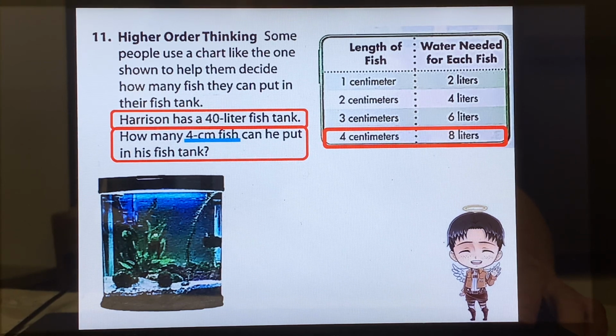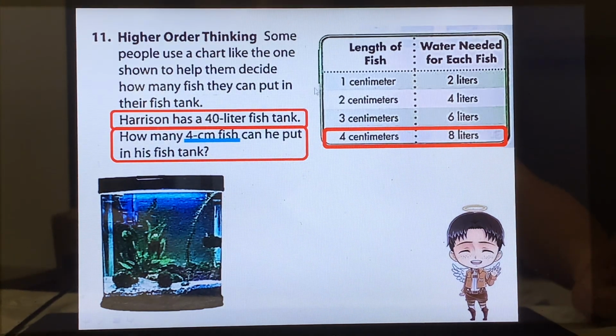Okay, let's look at the chart. For a fish that is 1 centimeter long, you need to give it 2 liters of water. For a fish with a length of 2 centimeters, you need to give it 4 liters of water.